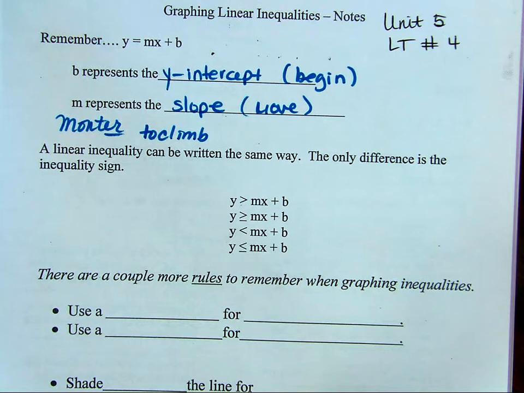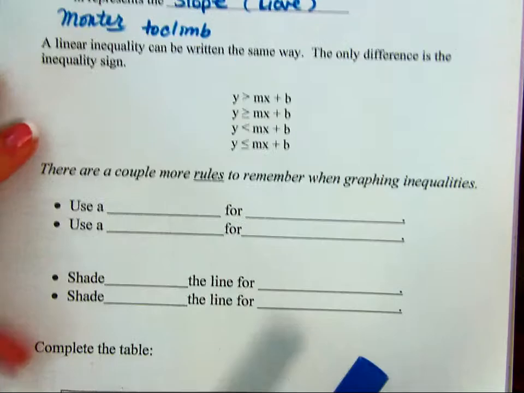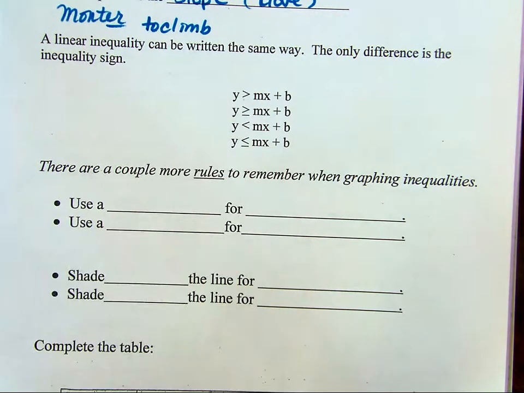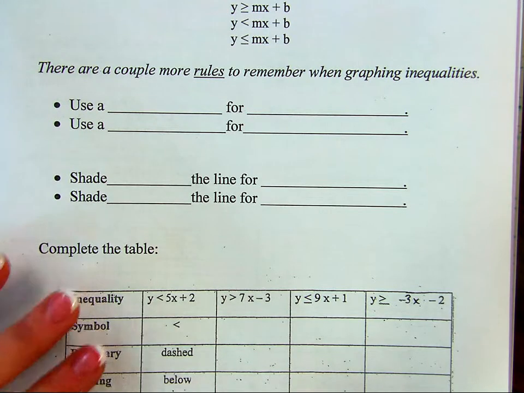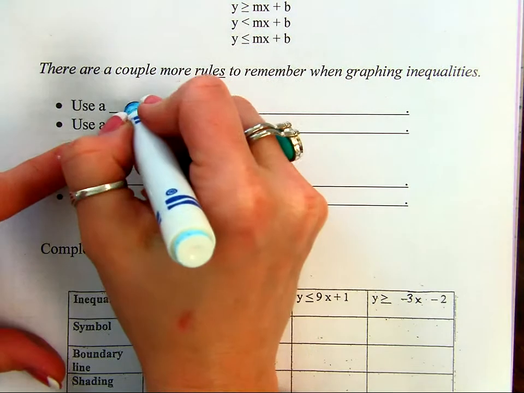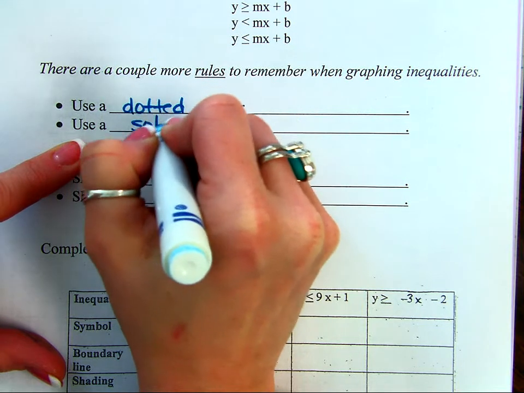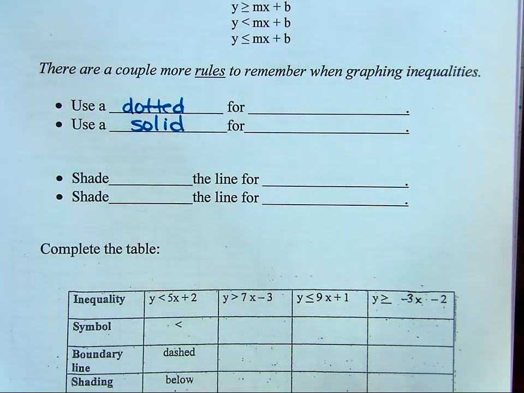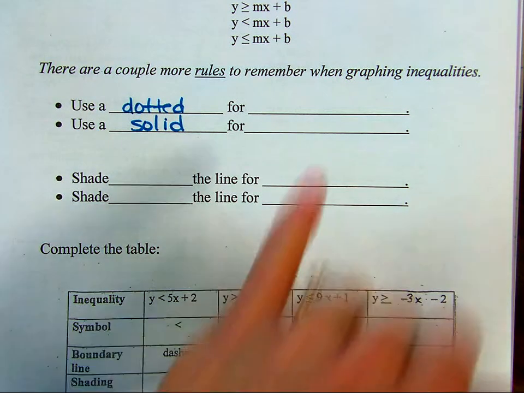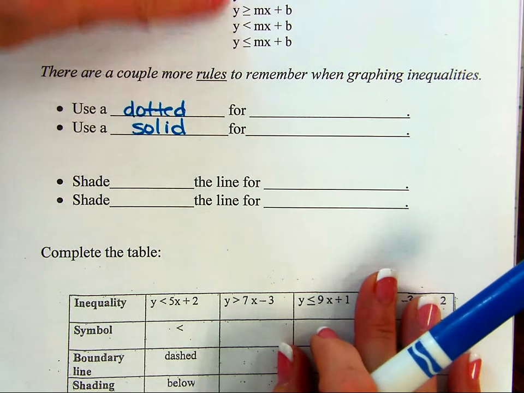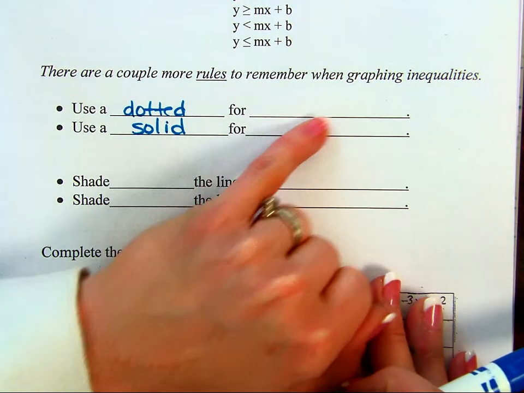So now you're going to see all these kinds of inequalities. No more equal signs. So there are a couple more rules though. You are going to use either a dotted or a solid line. I want you to think about what we just did and tell me, of these 4 symbols, which 2 will I use a dotted one for?